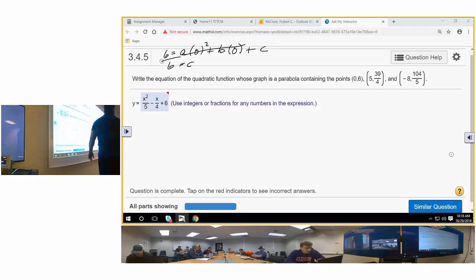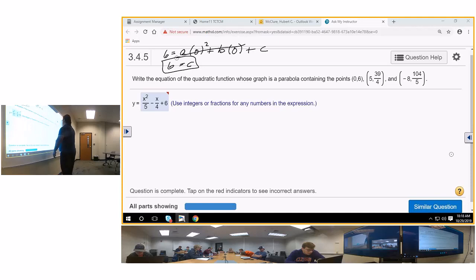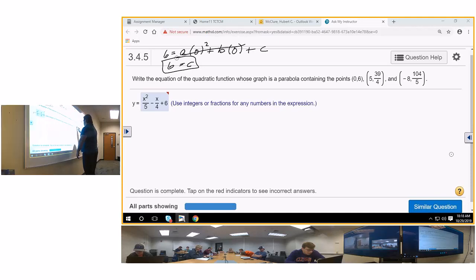So I must have had an error on the first go. So let's try it again. 39 fourths is equal to ax squared plus bx plus 6.